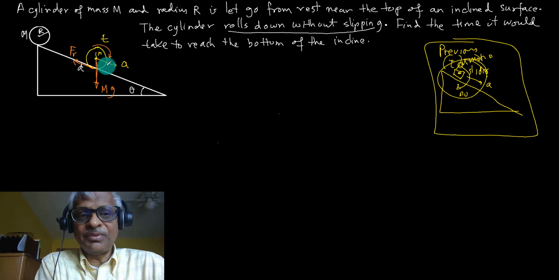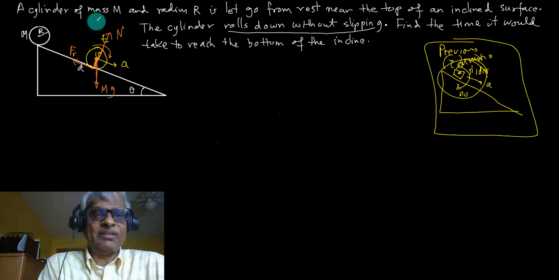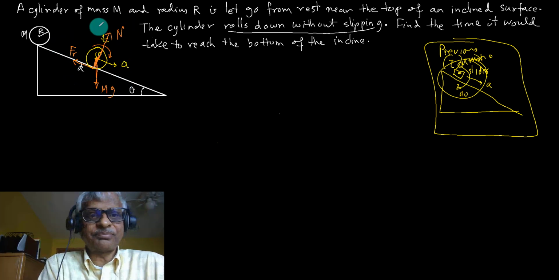Then there is a normal force which almost goes through the center of mass, but we'll take it as going through the center of mass. As a result of these three forces, the center of mass is moving with an acceleration A.